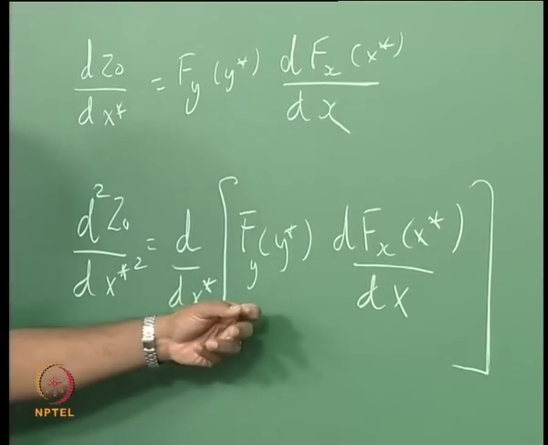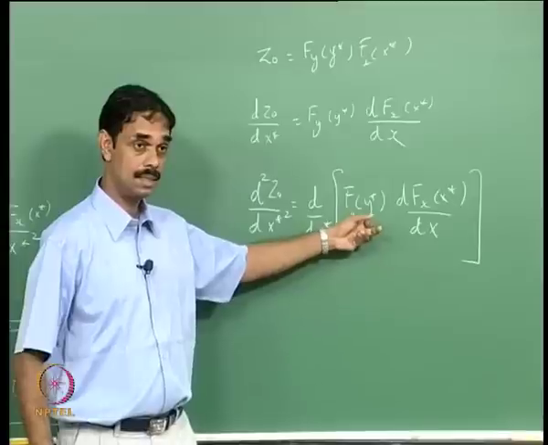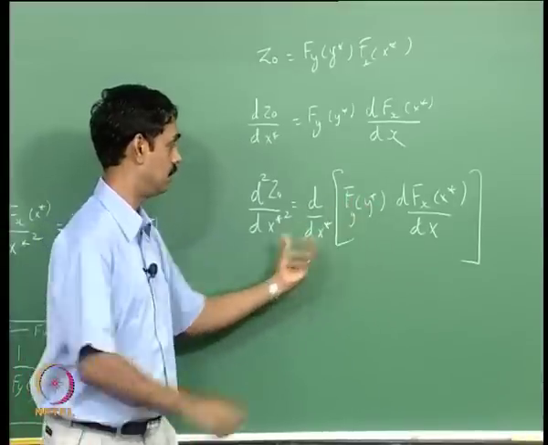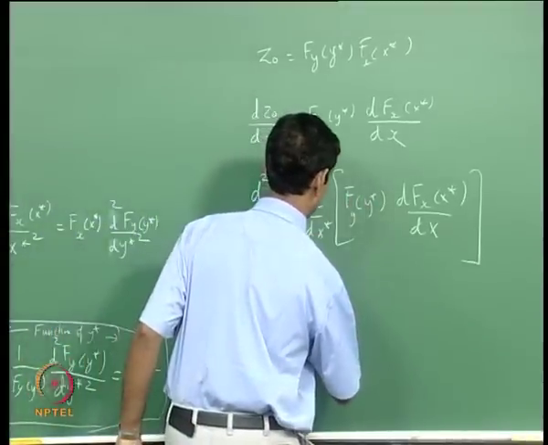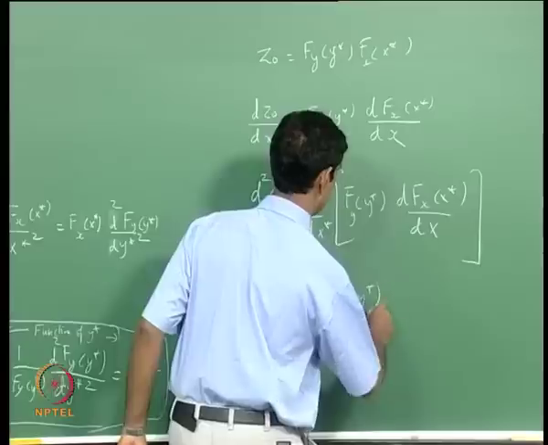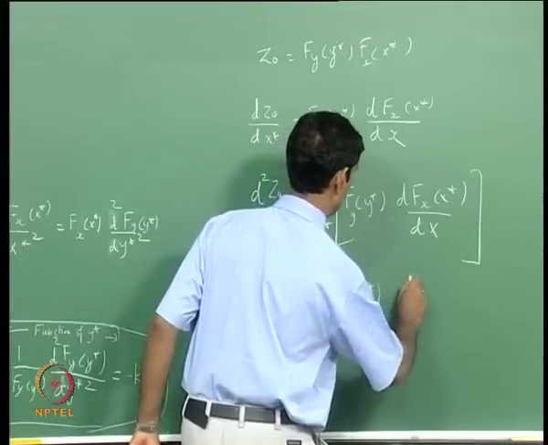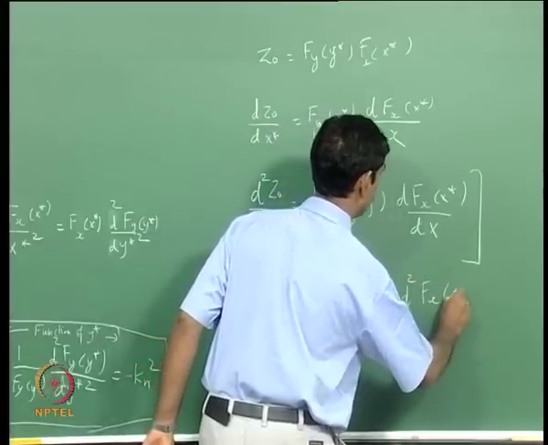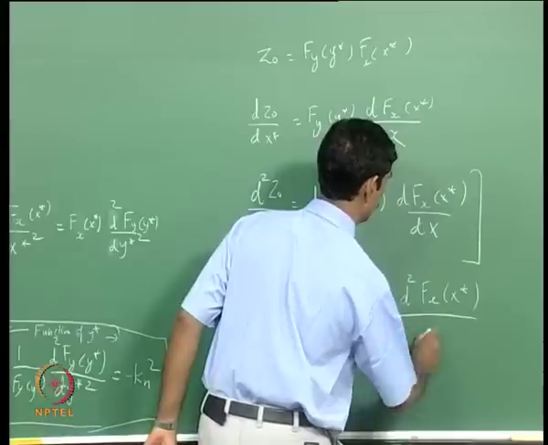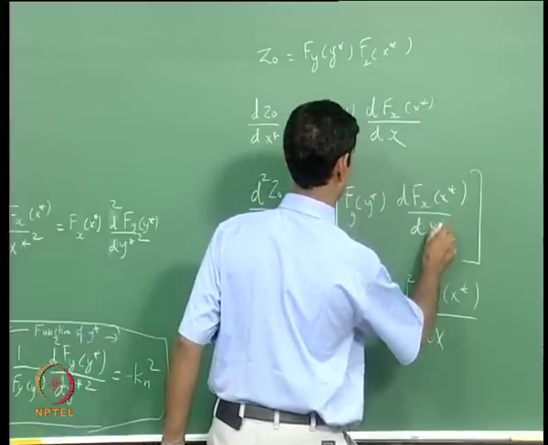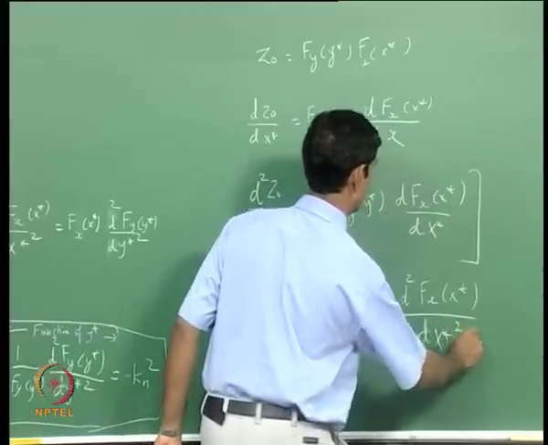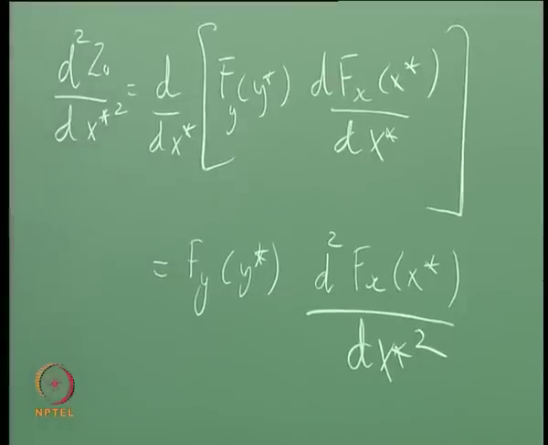So as far as differentiation with x is concerned, this is a constant, so it just comes out, this is equal to Fy of y star d squared Fx of x star over dx star squared. So I hope it's clear.